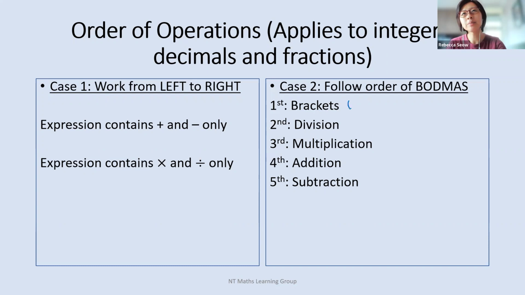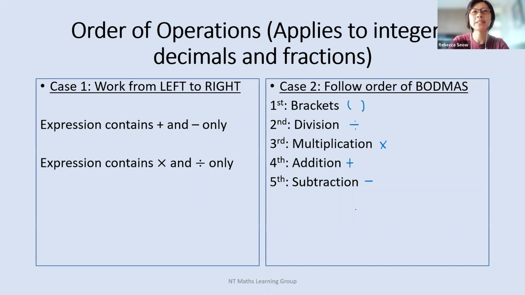Whenever you see brackets, you start with the brackets, followed by division. So you see the divide sign. After settling whatever is in the bracket, we move on to whatever needs division, followed by multiplication, followed by addition, and lastly, subtraction.